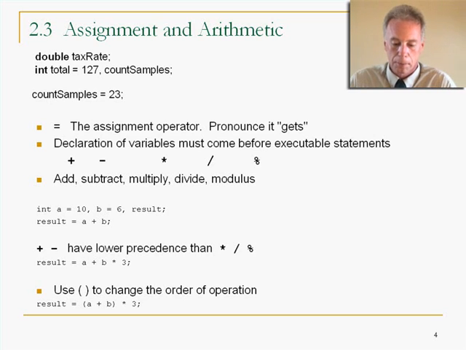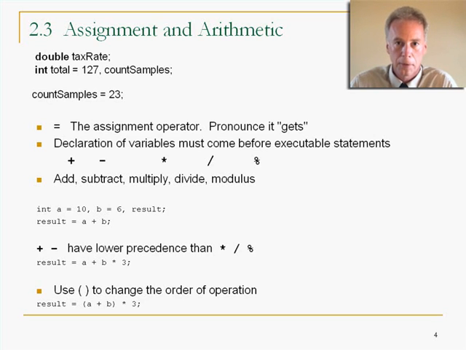The rules for precedence in C are the same as they are in algebra, so add and subtract have lower precedence than the multiplicative operators. If you see them all appearing in one statement, then you have to know that the multiplicative operators will happen first, and you can change the order of operation using parentheses in C the same way as you can do it in algebra.